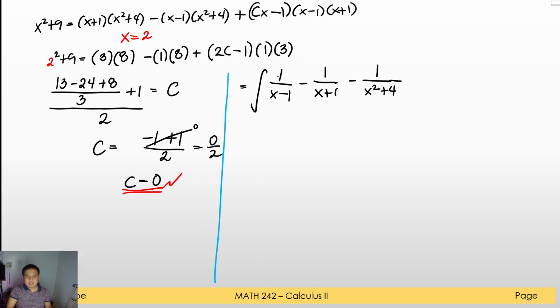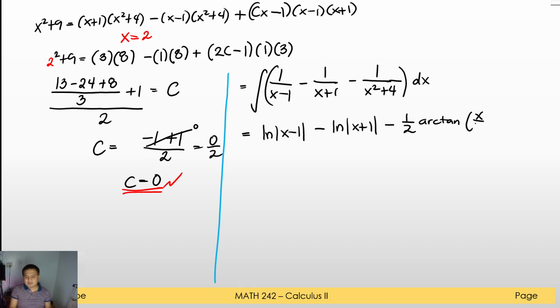Okay. And then integrate. So this will be ln of x minus 1 minus ln of x plus 1. And then you have here, this is actually arctangent, no? We forgot this should be 1/2 arctangent x over 2.